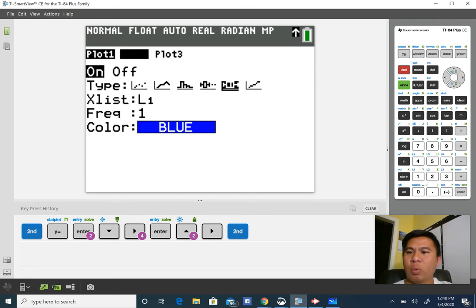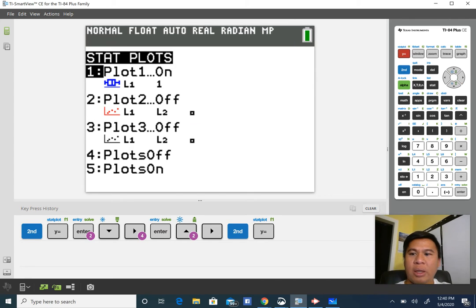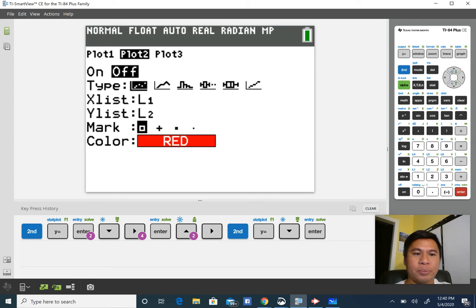That'll be second, y equals once again, and this time I'm going to go to plot 2. That's for the second plot. I'll turn it on. Under the type, I'll click on another box plot.